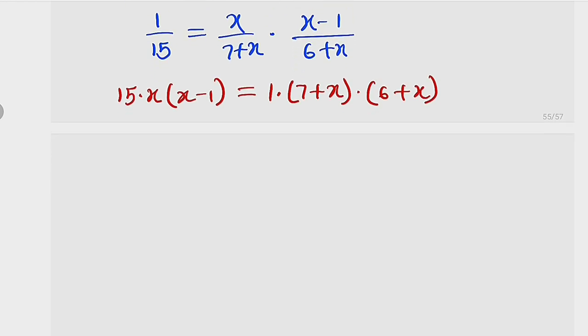So now let us expand. 15 times X is 15X, and 15X times X will give us 15X squared. 15X times negative 1 is negative 15X. Move to the other side.